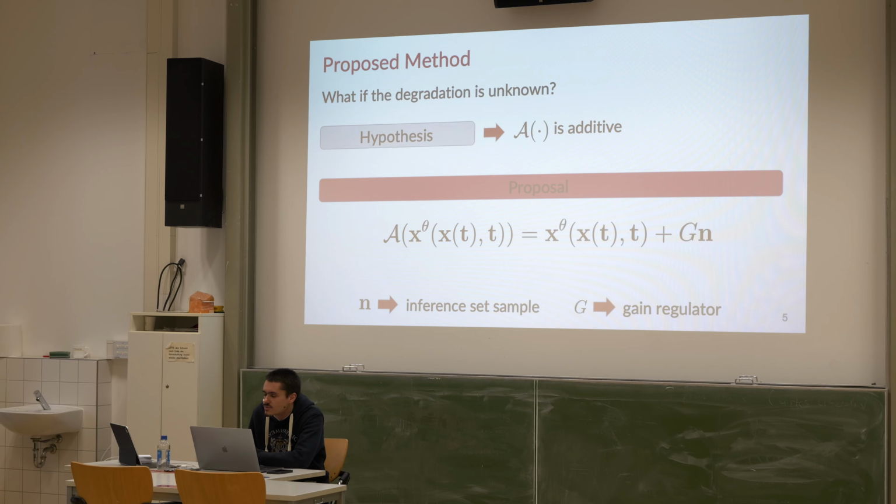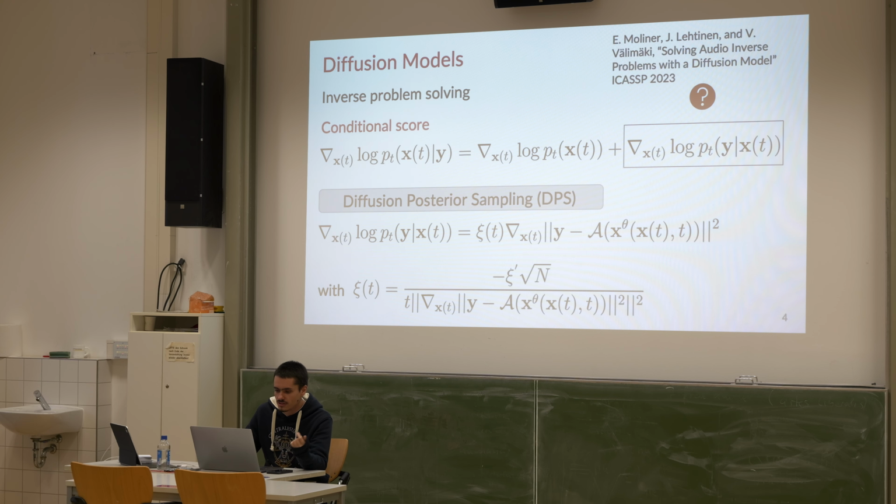Yesterday in Eloy's presentation and in Jean-Marie's presentation, we saw cases where for this diffusion posterior sampling term, you're using the gradient of your degraded signal minus a model degradation A applied to your clean signal estimate. But in their presentation, A had to be a parametric model.